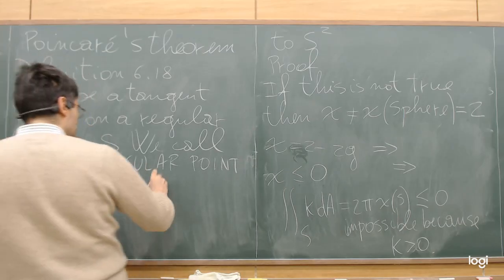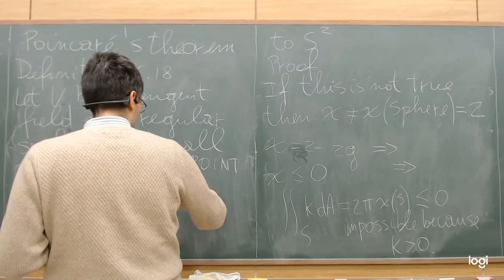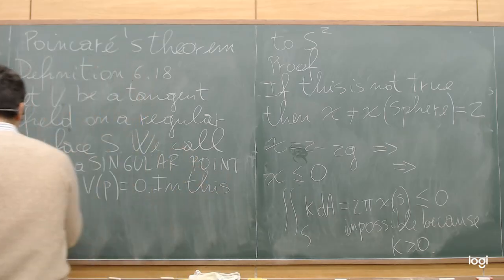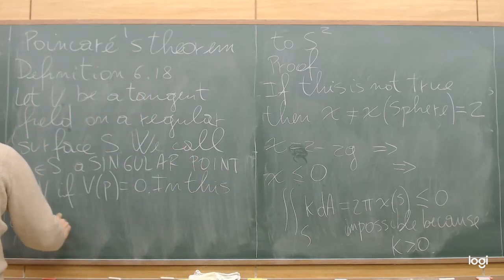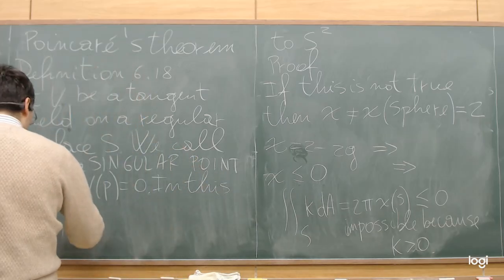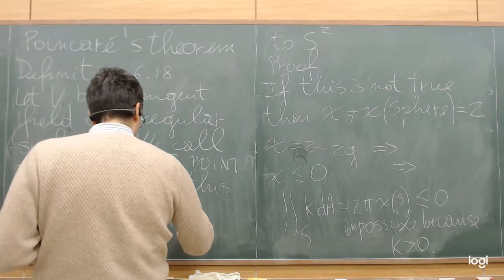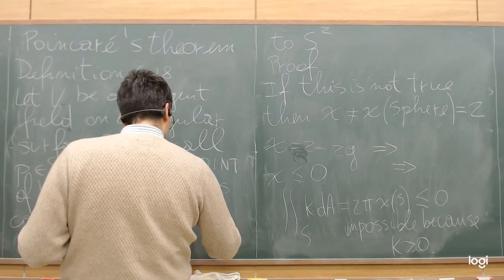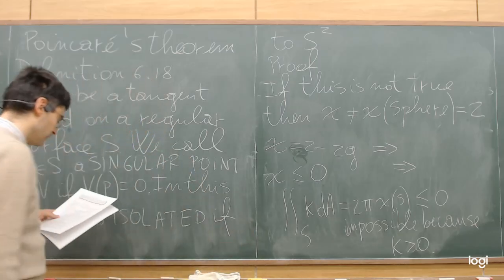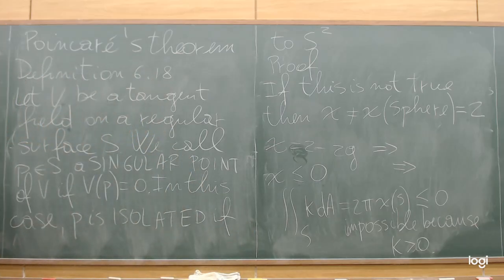In this case, P is isolated if you can find a neighborhood of P which does not contain other singular points.